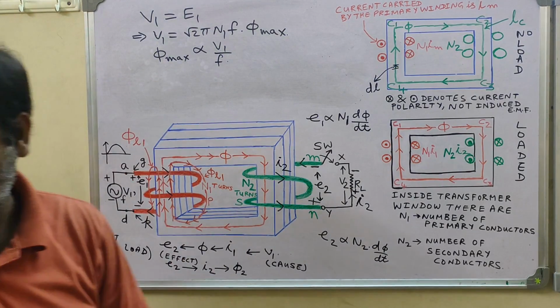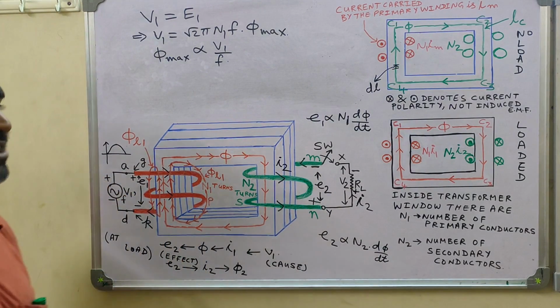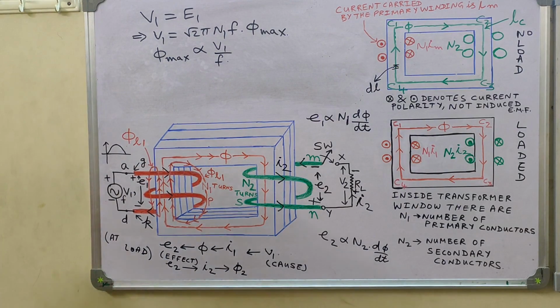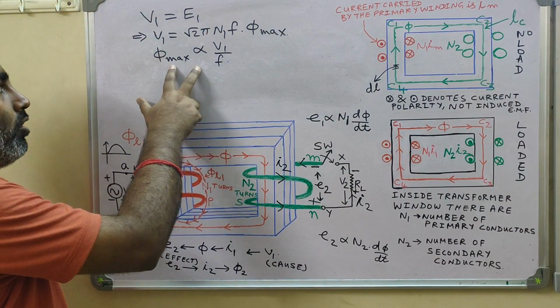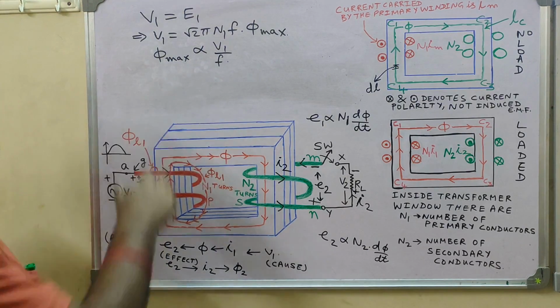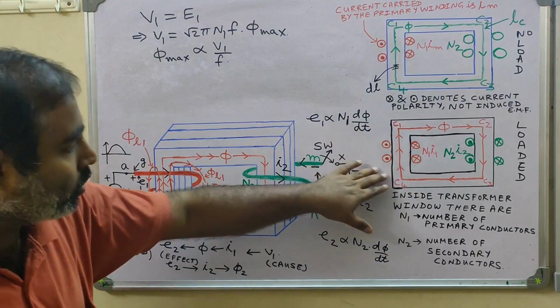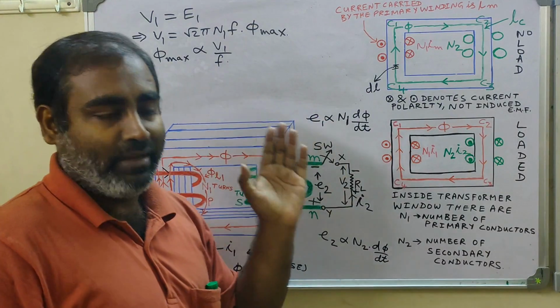So if you are not changing the RMS value or the frequency of the applied voltage, then phi max, that is the peak value of the mutual flux in the transformer magnetic core, will be constant. It will not change whether the transformer is not loaded or loaded. So in both the cases the flux has to be the same in the transformer magnetic core.